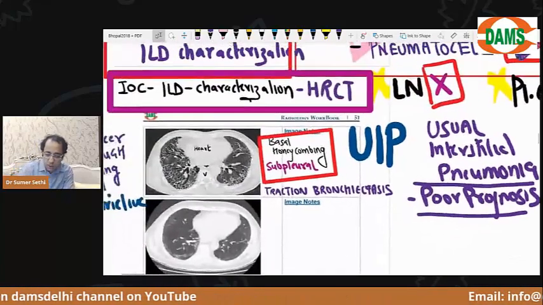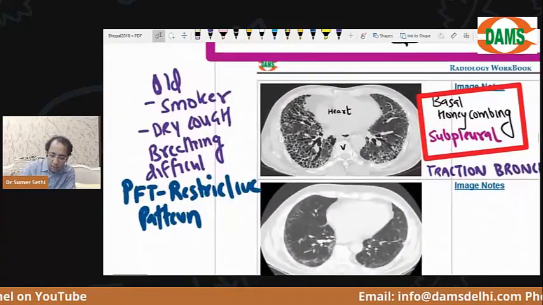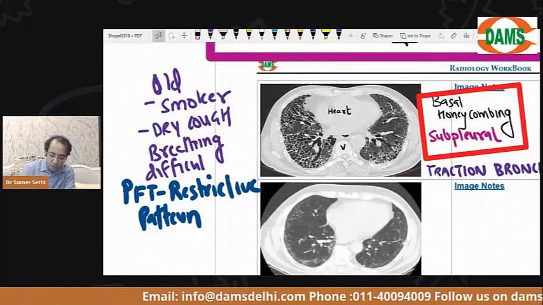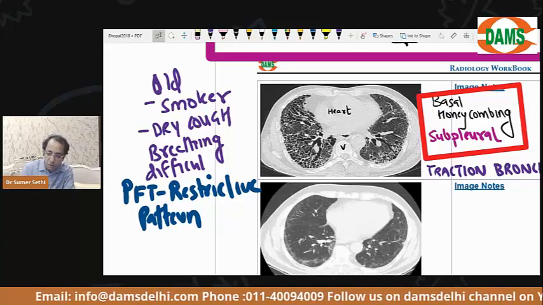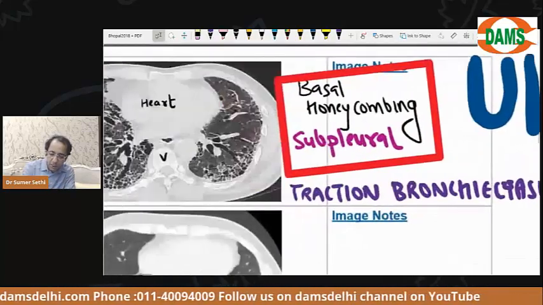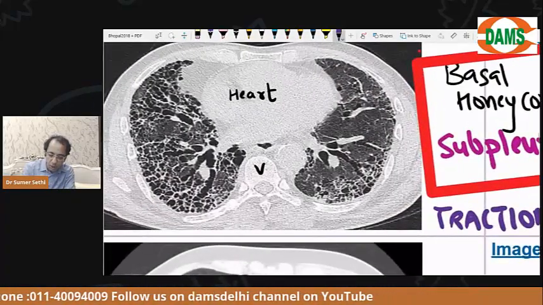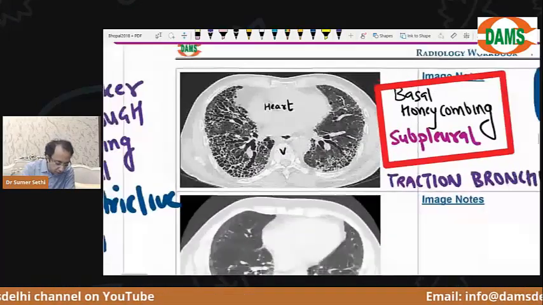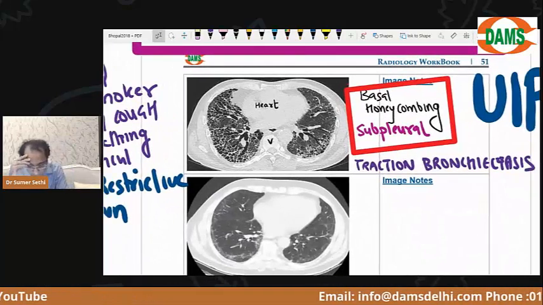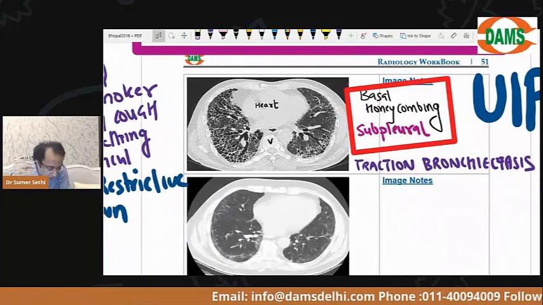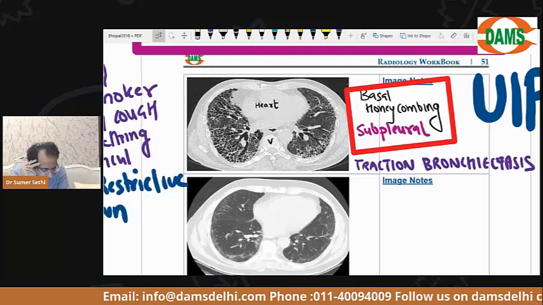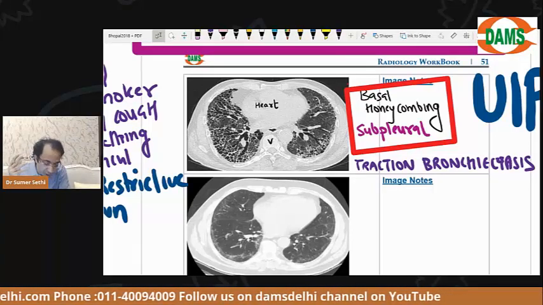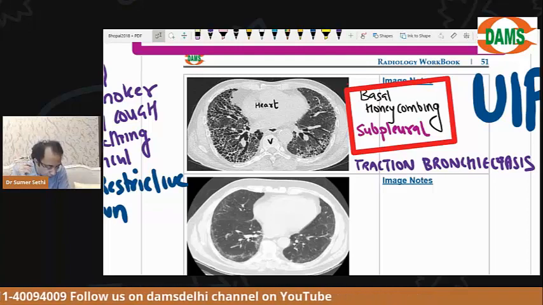On history and clinical test we could suspect an interstitial problem because of the restrictive pattern, dry cough, smoker, but the CT scan is characterizing that there is honeycombing and traction bronchiectasis, which is telling us that this is usual interstitial pneumonia. UIP is basal predominant. If we saw this in the apex, we would think of a different cause.